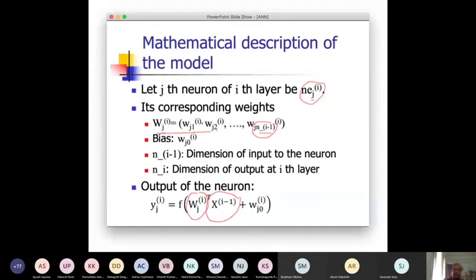So the weighted combination of the input feature vector at each jth neuron is the net weight at j plus the bias. Then if you apply the nonlinear function, that would give you the corresponding output.